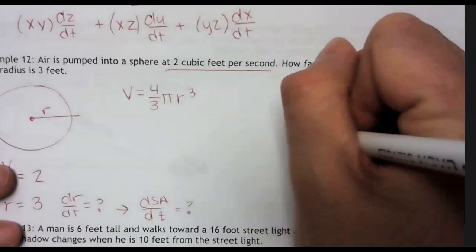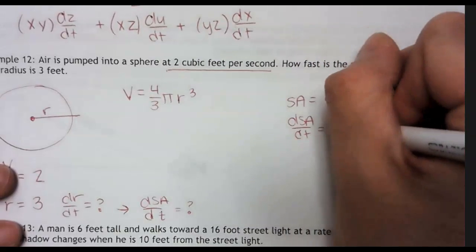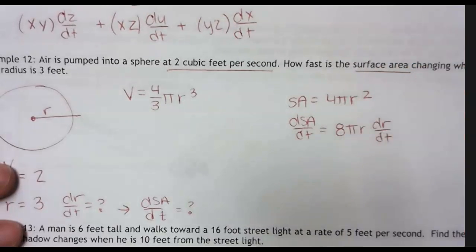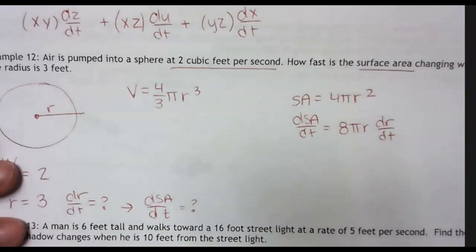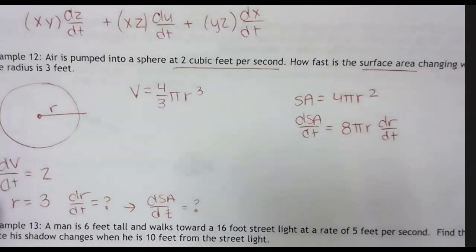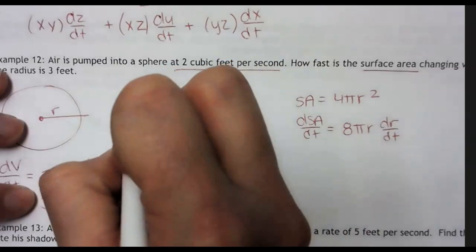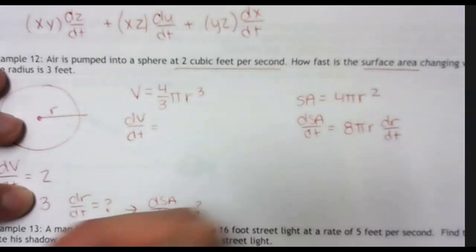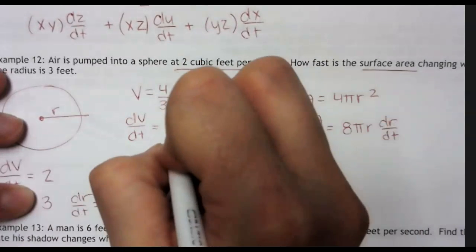So the derivative of surface area would be 8 pi r dr dt, but I don't know dr dt. So in order to get to dr dt, I am going to have to find dv dt and use that to find dr dt.